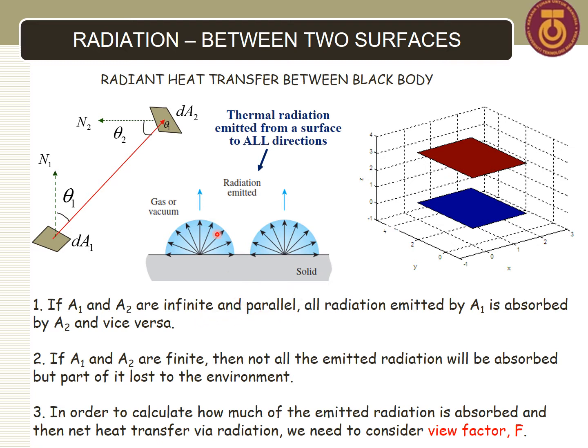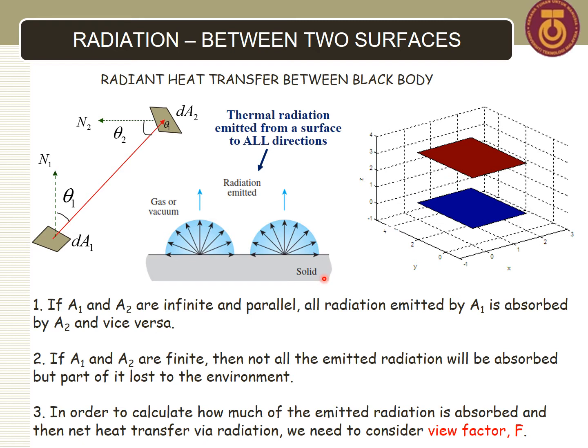If their surface areas are infinite, then we are very sure that all radiation emitted by A1 is absorbed by A2 and vice versa.